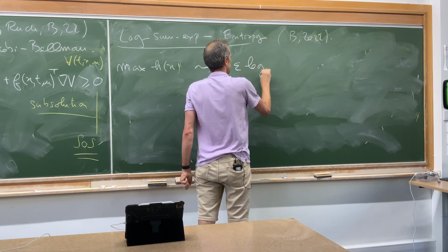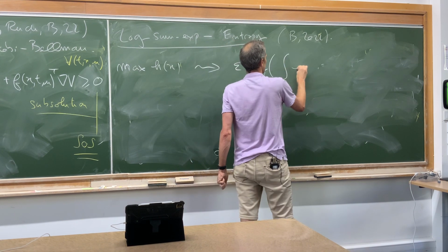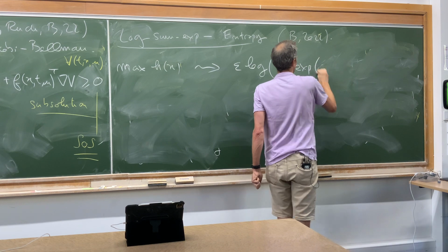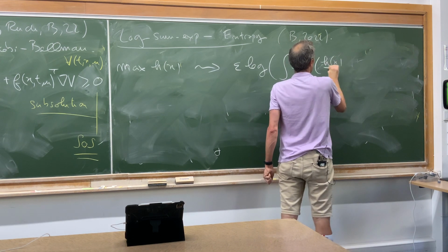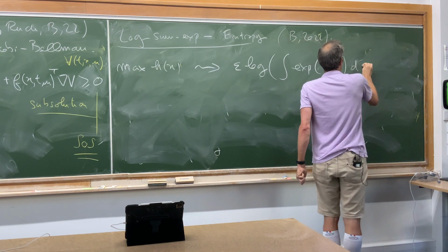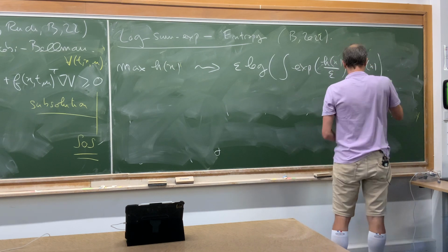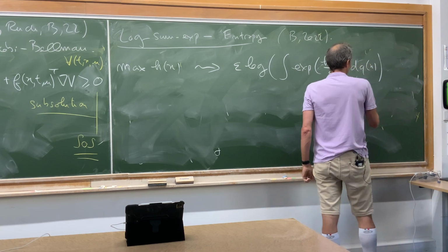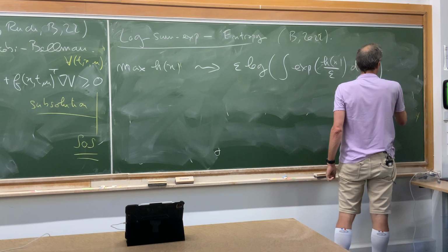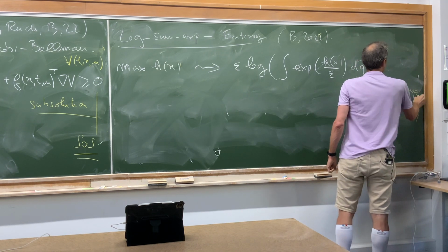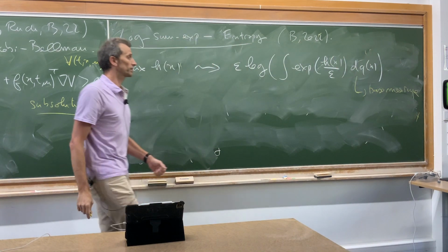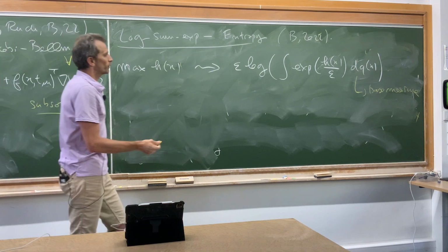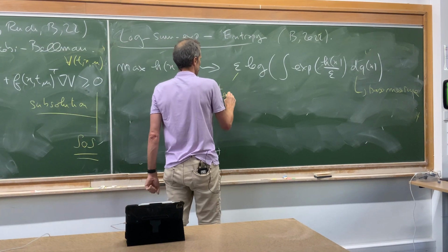So I'm going to control epsilon log of the integral of exponential of h of x over epsilon dq of x. Think of q as some base measure, uniform, Lebesgue, whatever, simple. Epsilon will be a temperature.